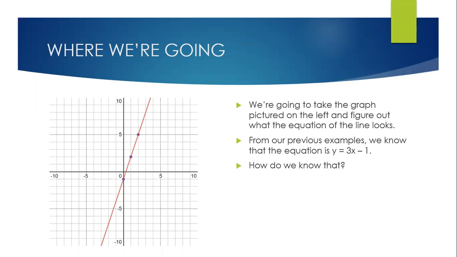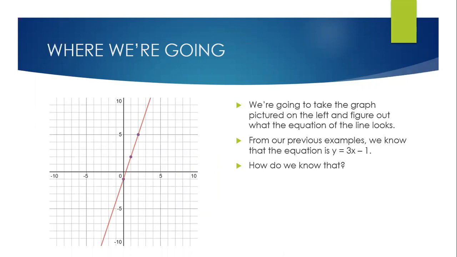Now, what we want to do, where we're going, is this. You saw how we took y equals 3x minus 1 and we turned it into a graph. We're going to go backwards.